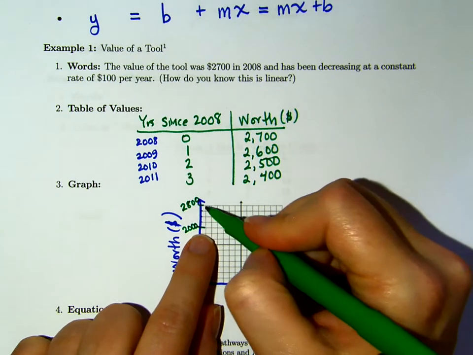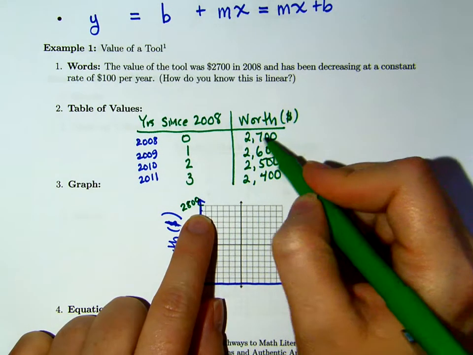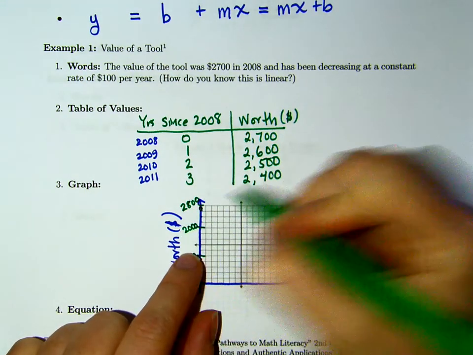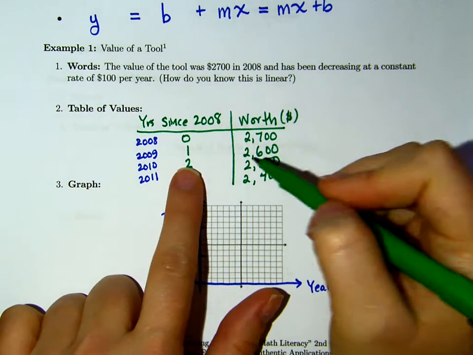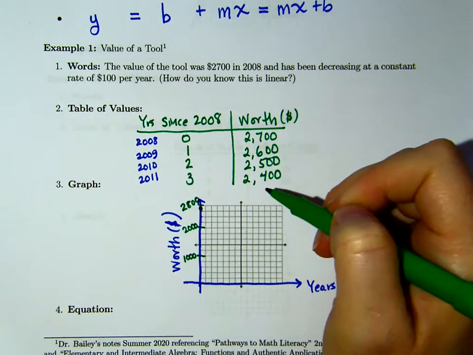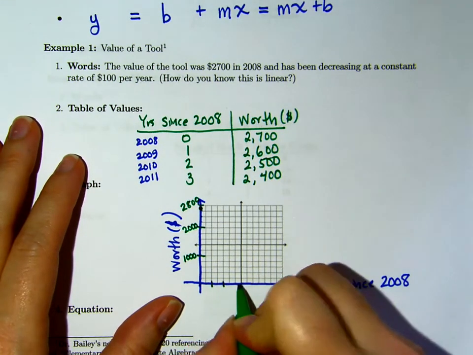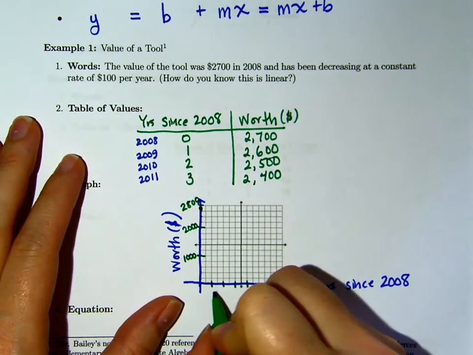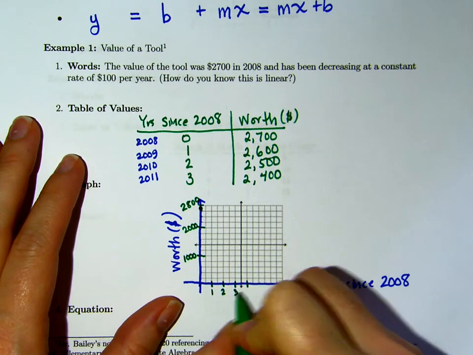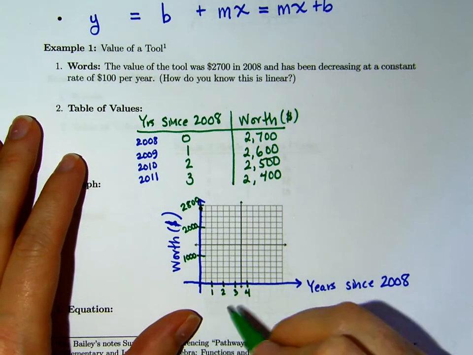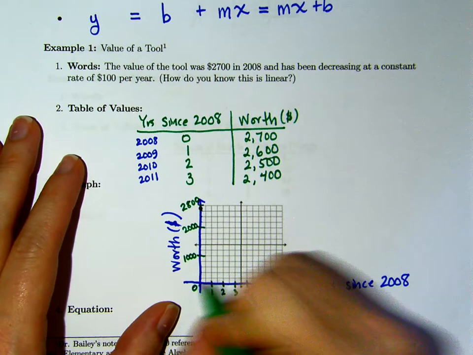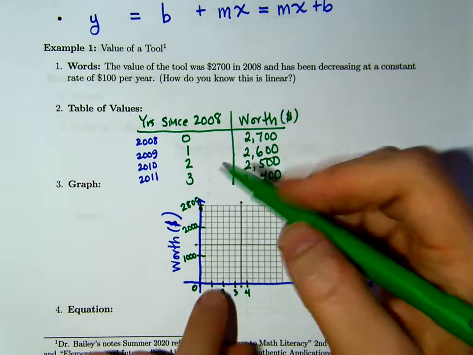So the one right below it is 2,600, which means 2,700 is right in the middle there. And 1 year later, I feel like I could space these out a little bit. So I'm going to go 1, 2, 3, 4 years since, and remember, that is always starting at 0.